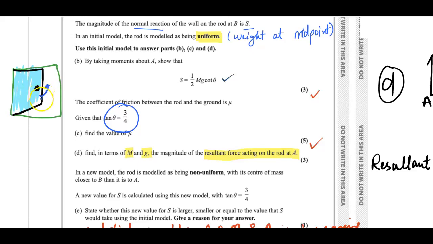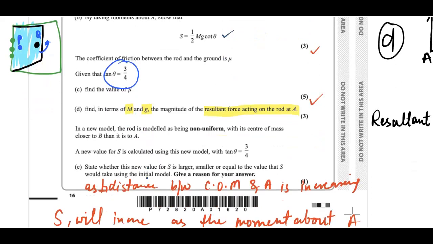At this point you have to push or pull, and these are the hinges, where the door is attached to the wall. So if you try pushing the door from this point, I'm saying this is point P and that is point Q, close to the knob and close to the hinge. If you push the door close to the hinge, it will take more force as compared to Q. So your S will increase because this time your center of mass is shifted towards B.